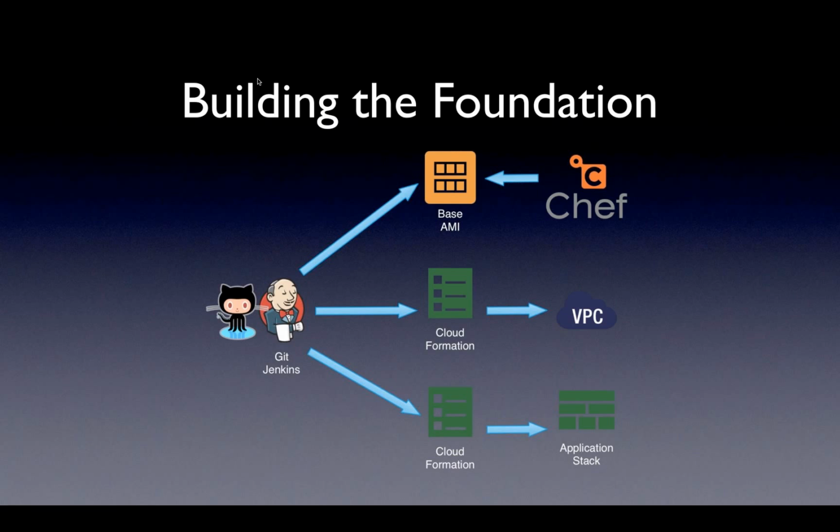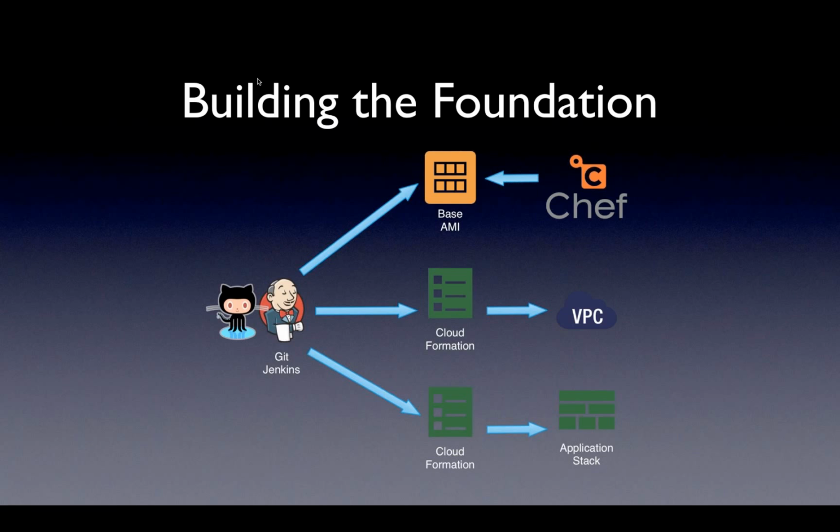We take the Amazon Linux AMI and we use Chef to build in a base set of packages that are going to be common throughout all of our different services. So we use Chef to basically help us bake that AMI. Now, we don't necessarily bake everything in, and I'm going to touch on that a little bit, but just know that Chef is an integral part of that.